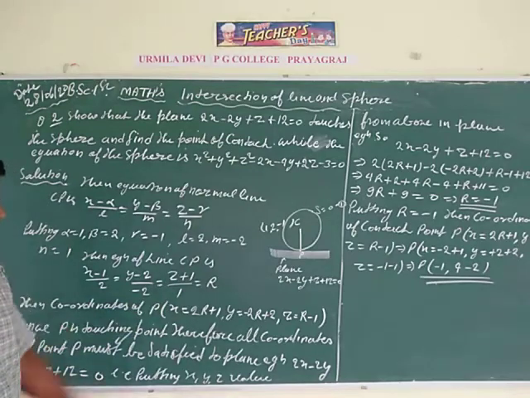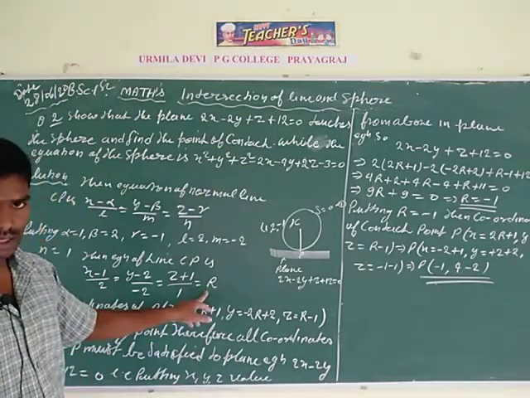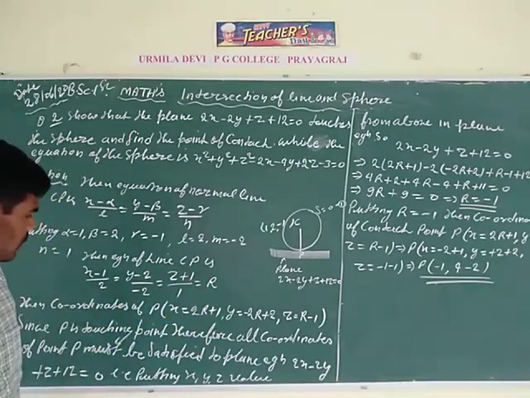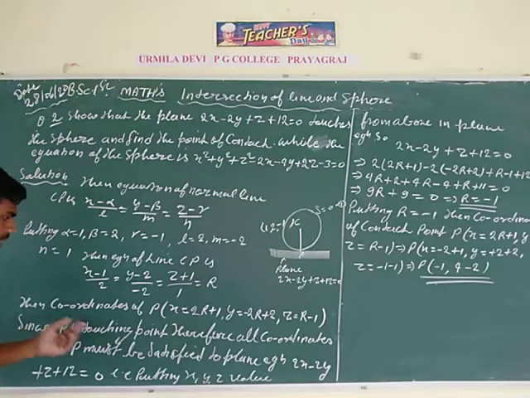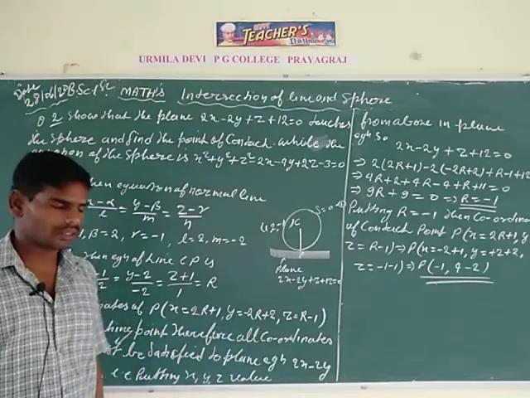Here taking r as the unknown value, the coordinates of point capital P are (2r + 1, -2r + 2, r - 1).